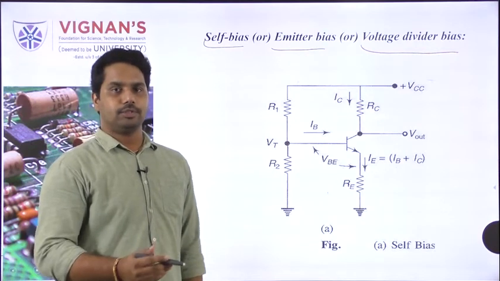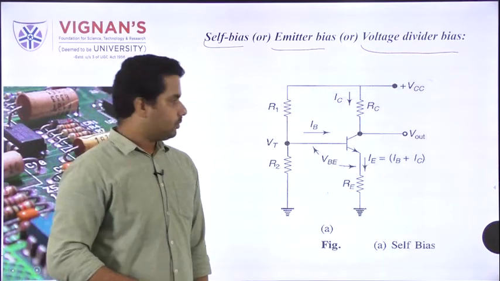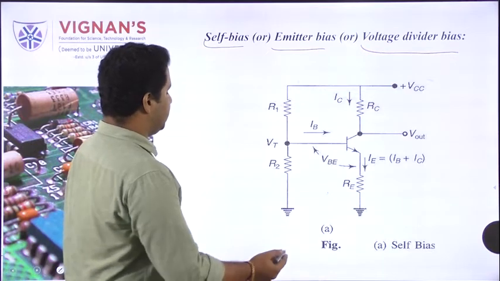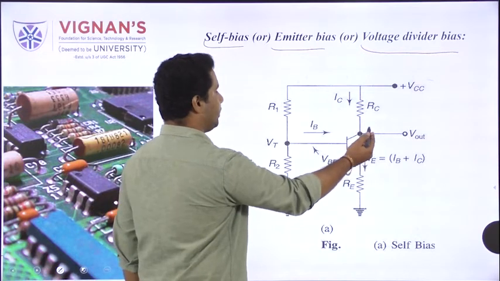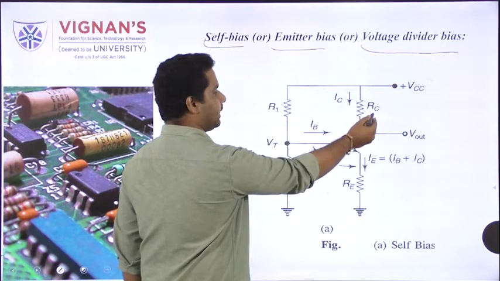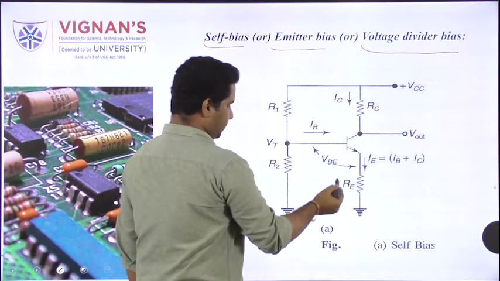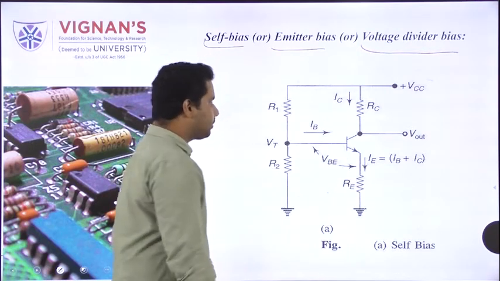Don't get confused between all these names and our fixed biasing and collector to base biasing. And you see, this is our transistor, and you can see the collector resistance RC connected there, and the emitter resistance RE, which is connected to the emitter terminal.